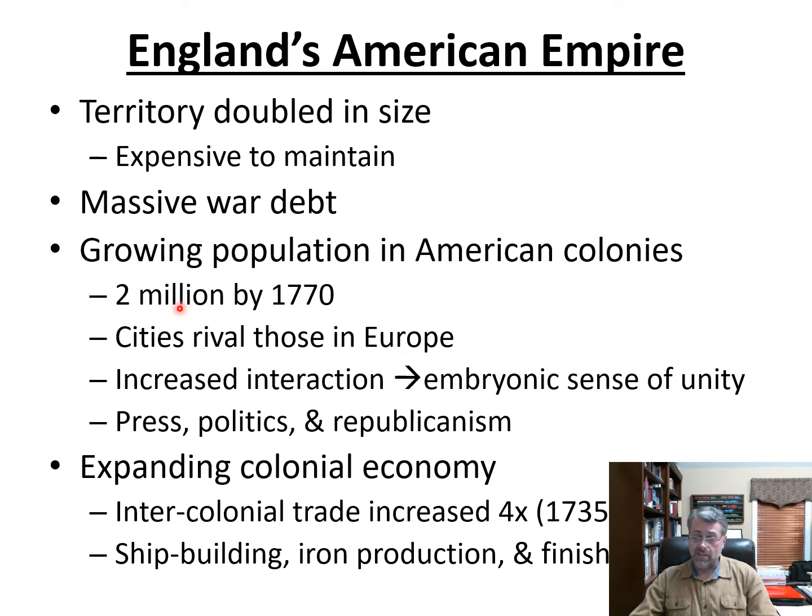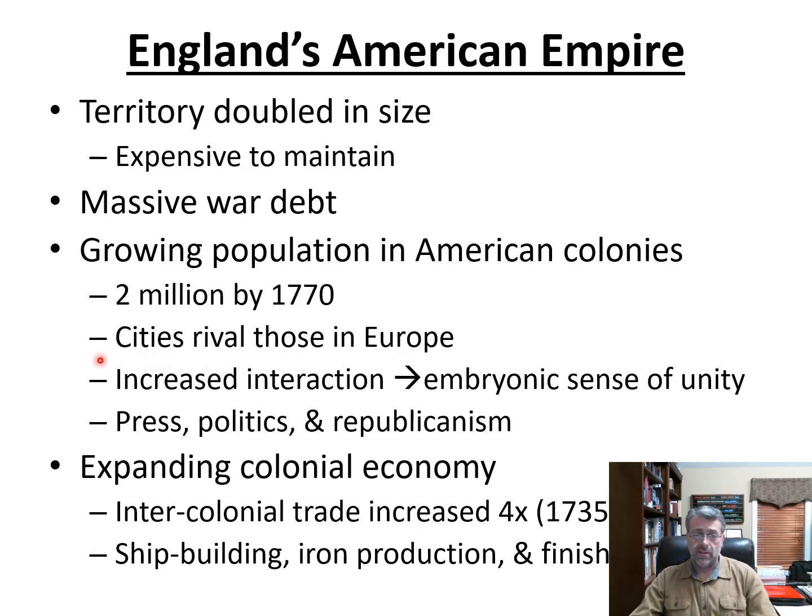A lot of the cities here, New York, Philadelphia, Boston, Baltimore, Charleston, a lot of these cities rival some of the bigger cities in Europe in terms of population and economic activity and culture. So we see this is not just a ragtag band of frontier settlers anymore struggling to survive. This is a huge piece of the British Empire. A lot of people living in large, well-established cities.